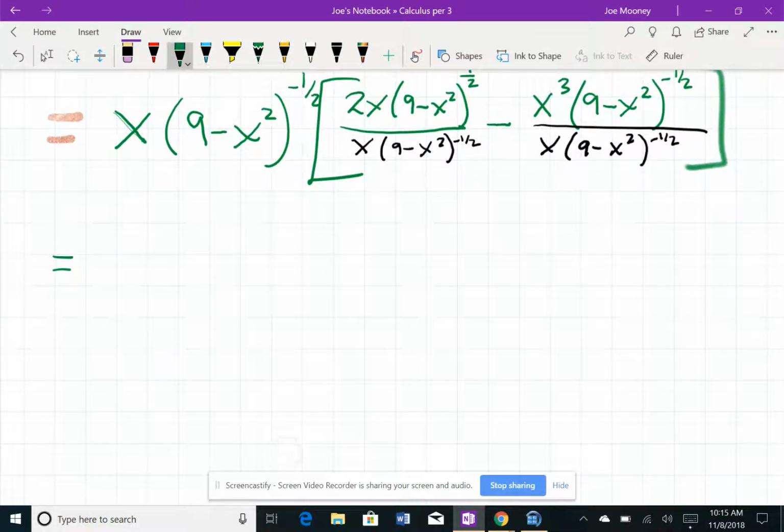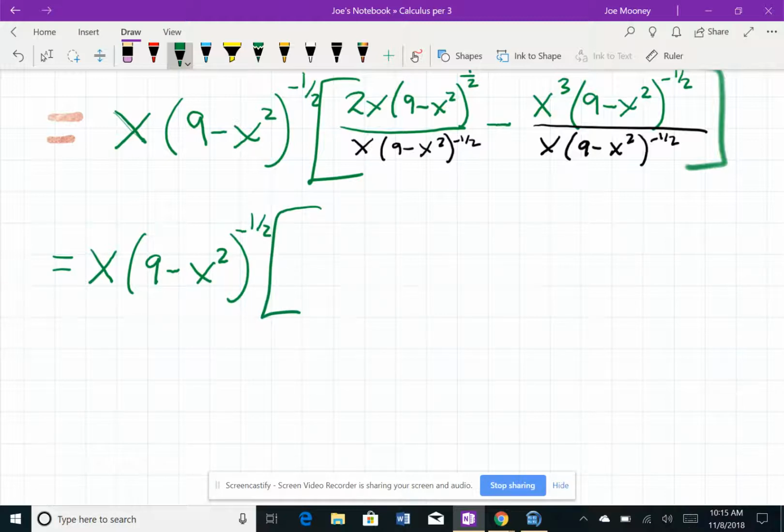All right, so obviously the x and the (9 minus x squared) to the -1/2 power is going to remain. Now, I divide 2x by x. So in your head, you're saying, okay, that's just 2.